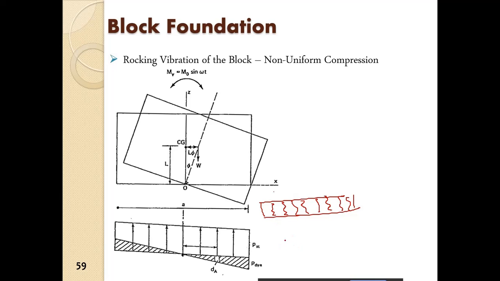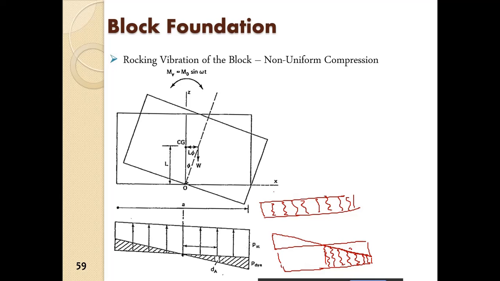Then when the foundation rotated, the springs got compressed. So we have this uncompressed spring here at the center of the rotation, and from the center of rotation we have the compression in the springs. So the forces will vary from here to here.